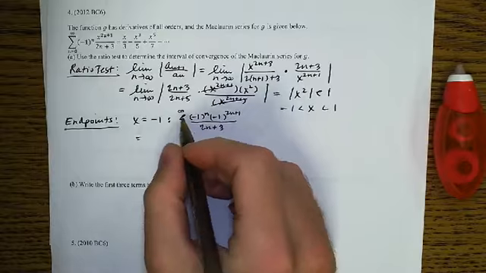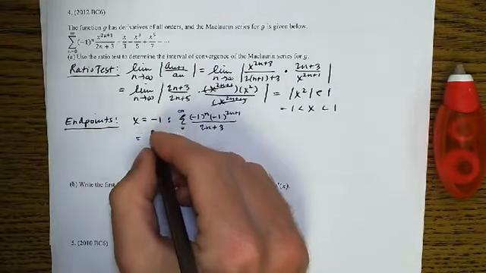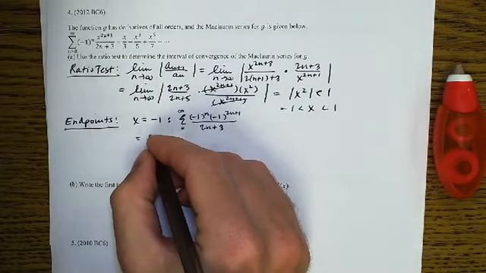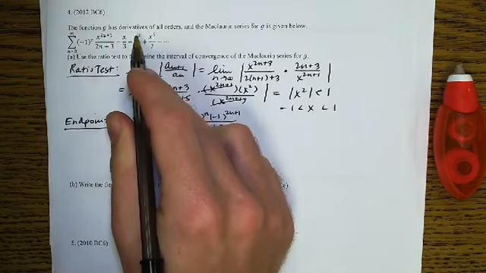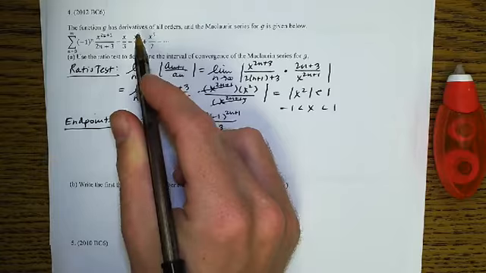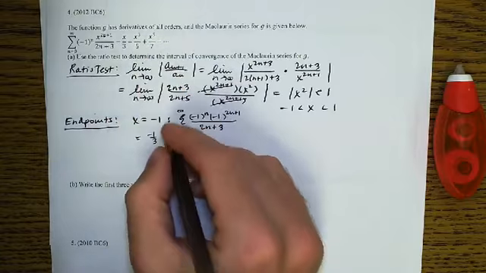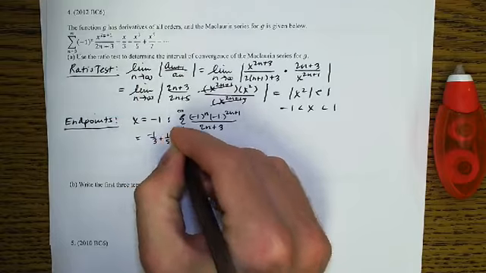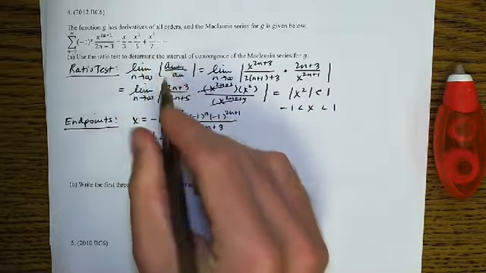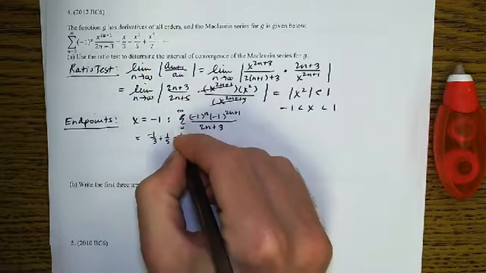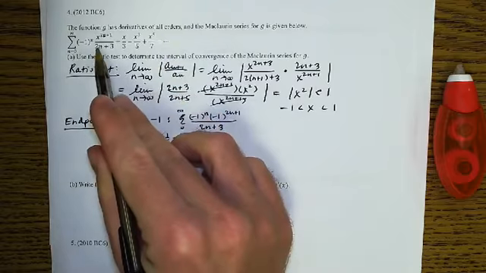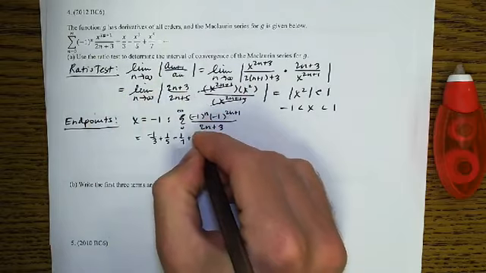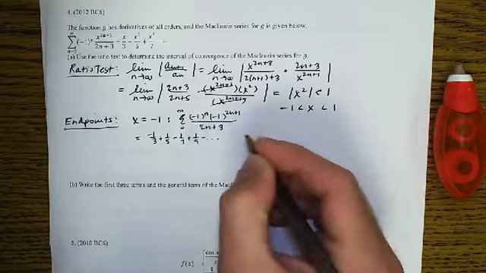And so that's going to end up being, when x is negative 1, I have negative 1/3 minus negative 1 over 5 is plus 1 over 5, plus negative 1 to the 5th is negative 1 minus 1/7 plus, okay, the next term would be positive 1/9, and so on.